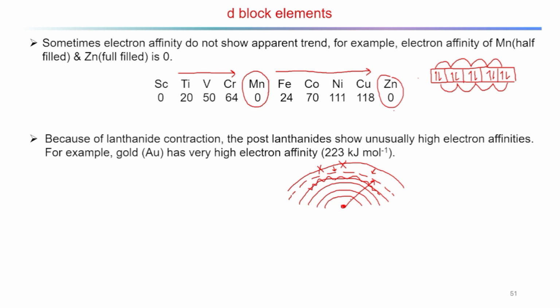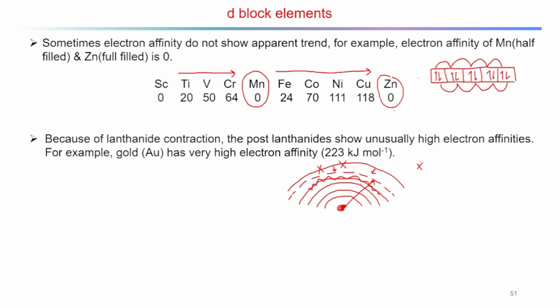So this distance, which is denoted as r, is decreasing now. So this nucleus can now have higher electrostatic interaction.